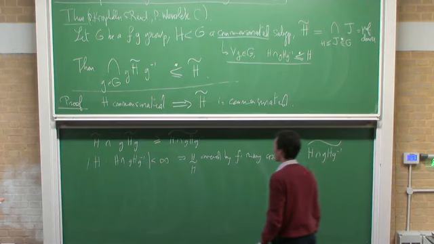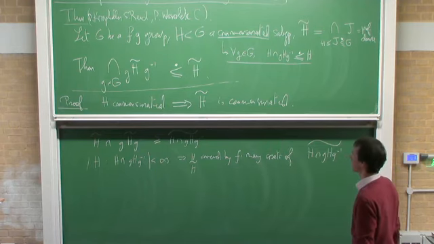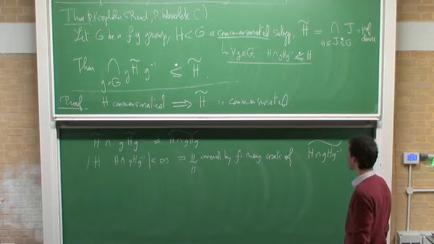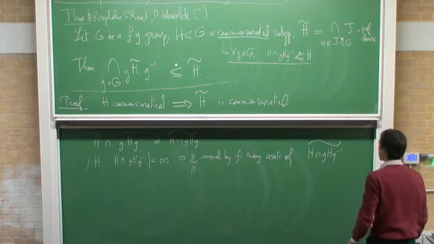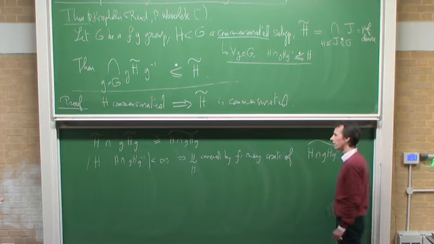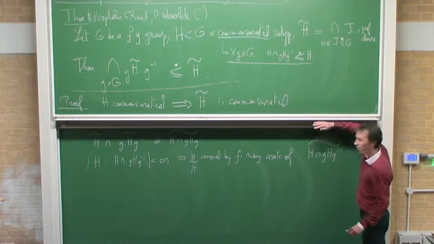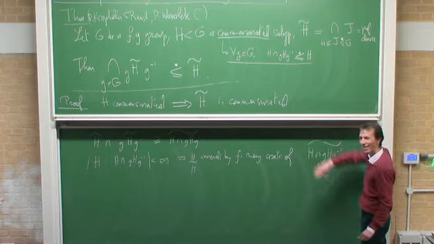Did you also just prove that H had finite index in H tilde? No. I thought you just proved that you covered it with finitely many cosets of something that was finite index. But this is much bigger than this, right?